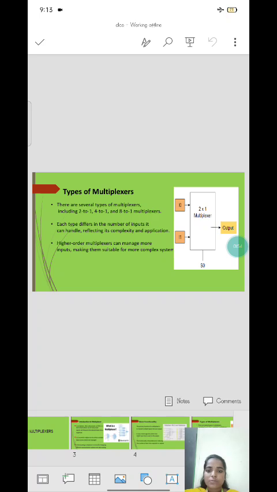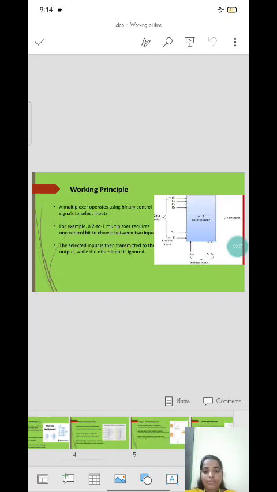A 4:1 multiplexer has 4 inputs, 1 output and 2 select lines. An 8:1 multiplexer has 8 inputs, 1 output and 3 select lines. Higher order multiplexers can manage more inputs, making them suitable for more complex systems.